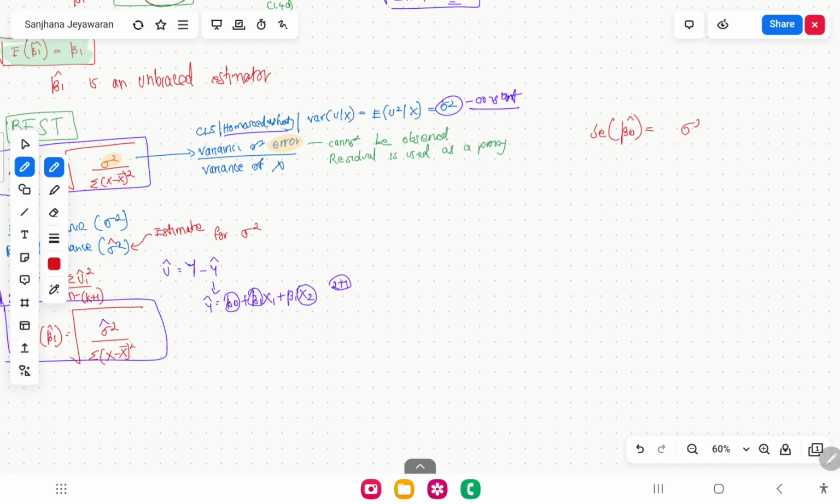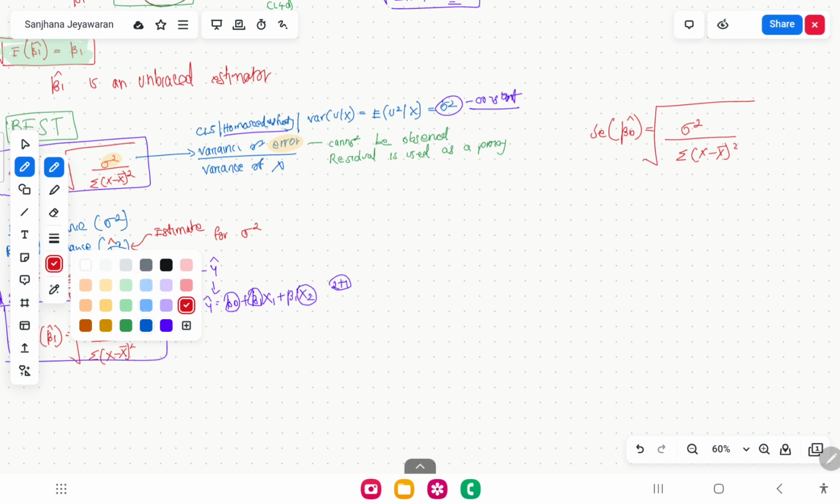We write the same thing, sigma square divided by the summation of x minus x bar square, under the square root. The difference is that we have to multiply the top part by xi square and the denominator by n. This is how we get the beta naught value.